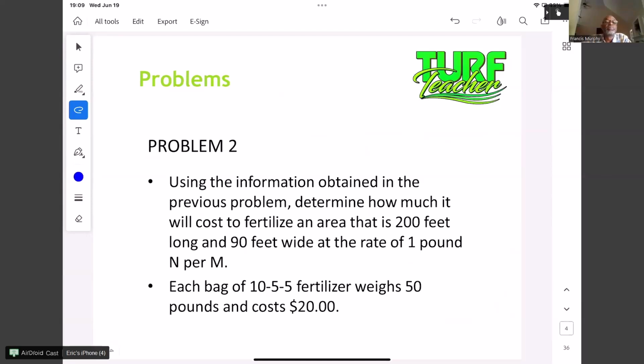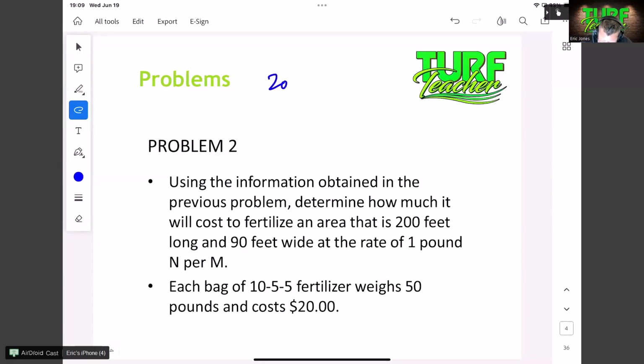So problem number 2, using the previous information from problem number 1, we're going to determine how much it will cost to fertilize an area that is 200 feet long by 90 feet wide at the rate of 1 pound of nitrogen per 1,000. Each bag of it is in 50-pound bags, and it costs us $20. So we have 200 by 90.